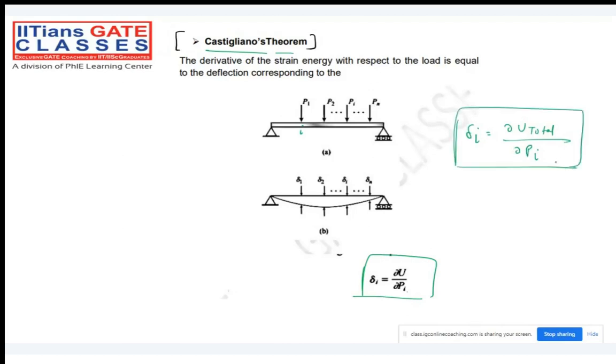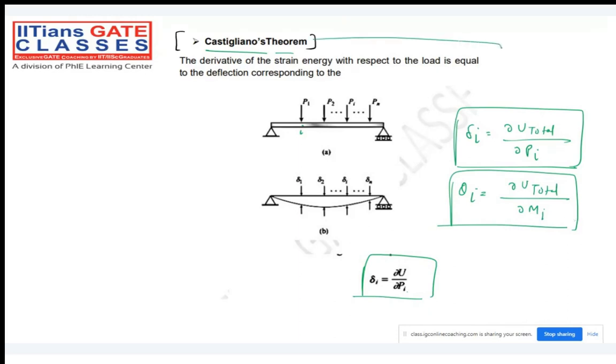If there is a moment, and I need to find the slope at any particular point, you differentiate with respect to the moment at that particular location. If there is no moment, you apply a virtual moment, and at the end of the day, you have to equate it to zero. Please note down these two statements, very very important.